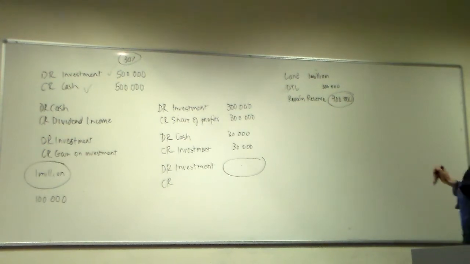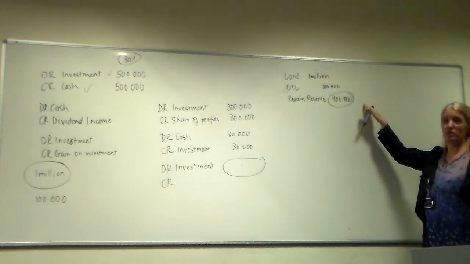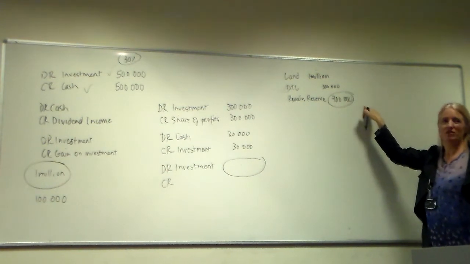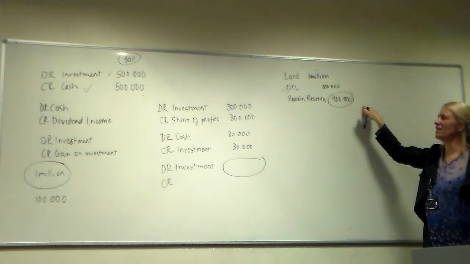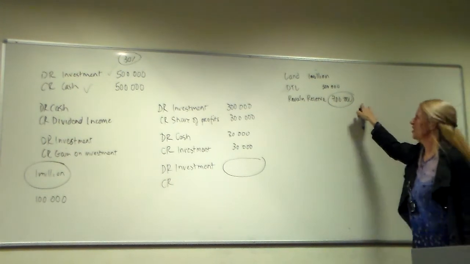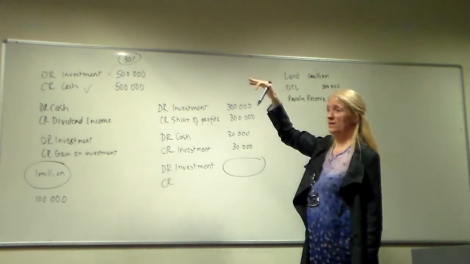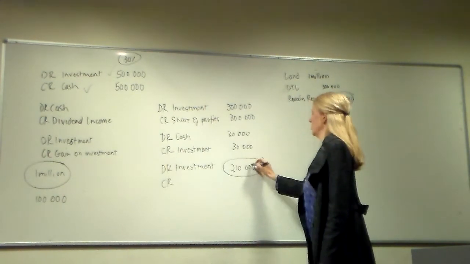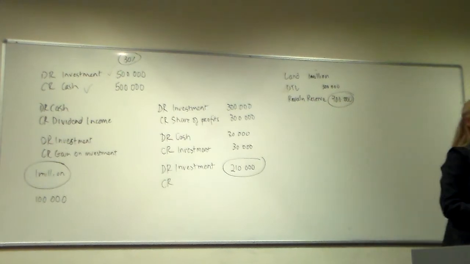So what is their equity increased by? $700,000. So don't make the mistake of taking $1 million. You've got to go with the revaluation reserve amount. That's the equity figure. So that there times by 30% will give you 210,000.